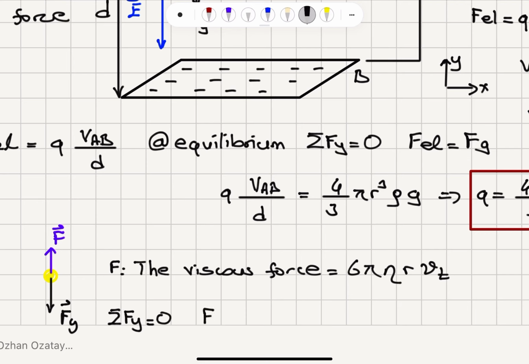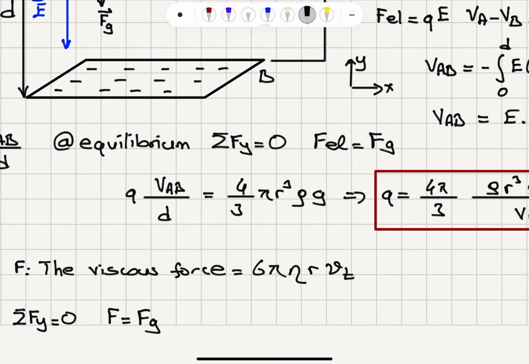That means this viscous force should be balancing the weight. So I will find that the viscous force 6 pi eta r v terminal should be equal to the gravitational force, which is 4/3 pi r cube rho g. Now you can see here that these pi's will cancel, and one of the r's disappears as well, so this will become r squared.